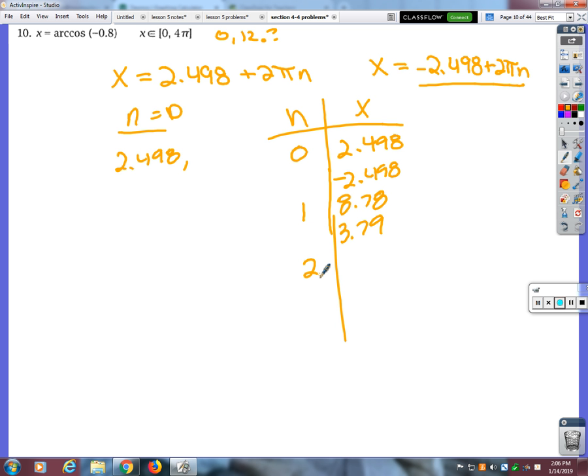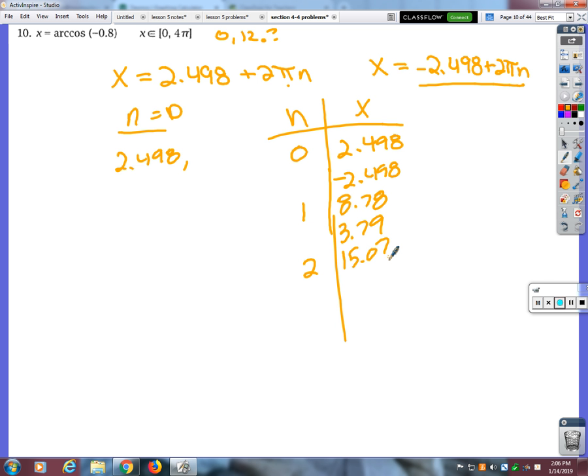Now let's plug in 2 again. When we plugged in 2 here, 2.498 plus 4 pi was 15 point something. But if I plug 2 in here, negative 2.498 plus 4 pi is going to be in our range. What is it?